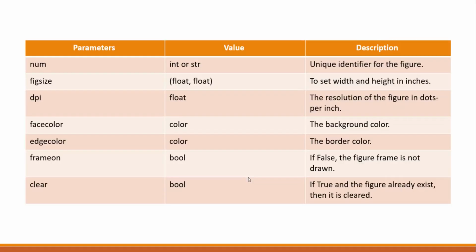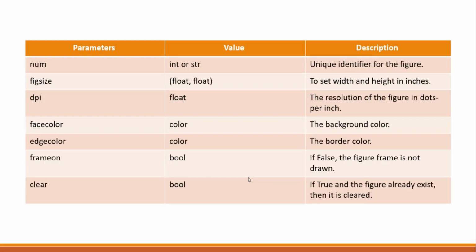So now we will discuss the parameters of the figure function. The first parameter is num. It takes value in int or string format. It is a unique identifier for the figure. The next parameter is figsize. It takes value as a float and it is used to set the width and the height in inches.